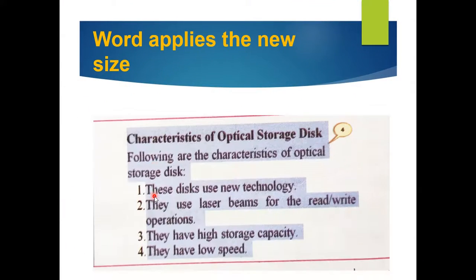Word applies the new size. So in the last picture you can see the size of the word is very small. As we applied 12, then Word applies the new size, and the size of the font in the text has changed and it became enlarged.